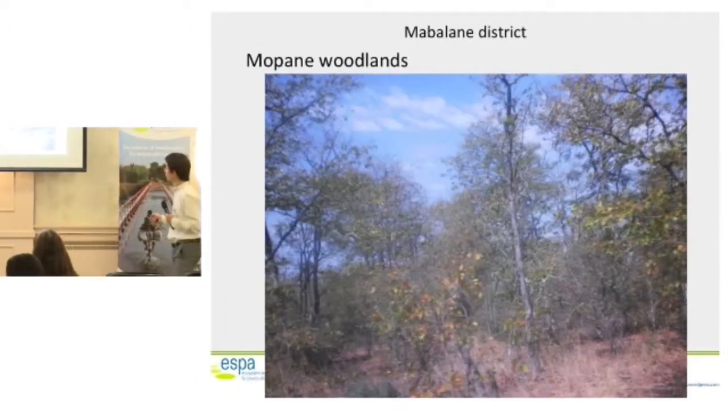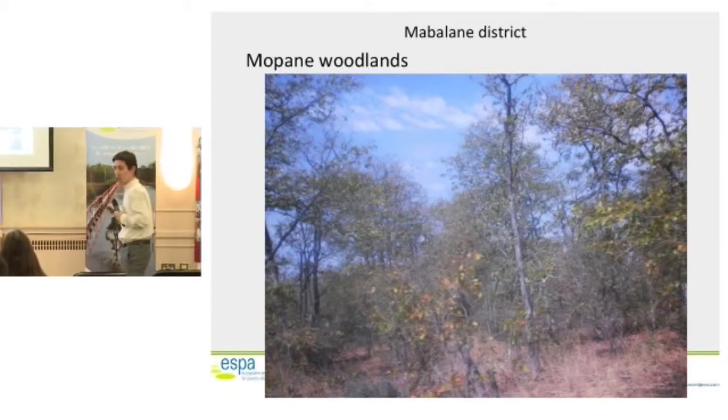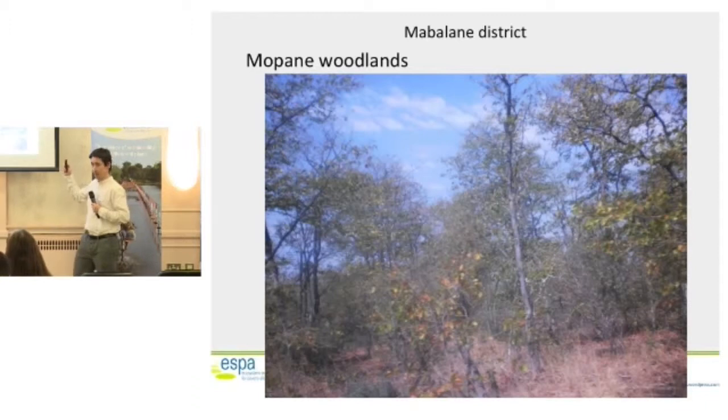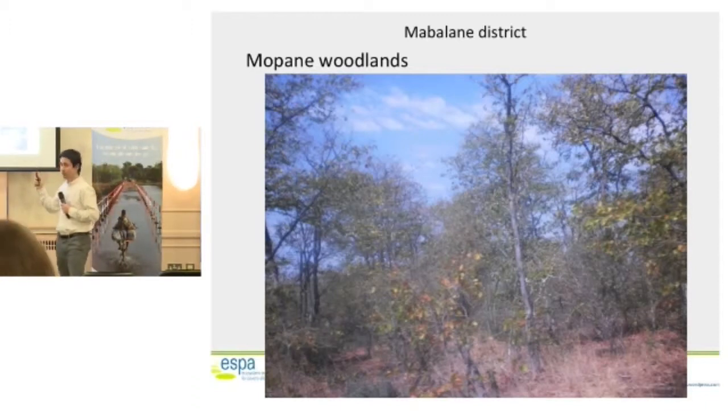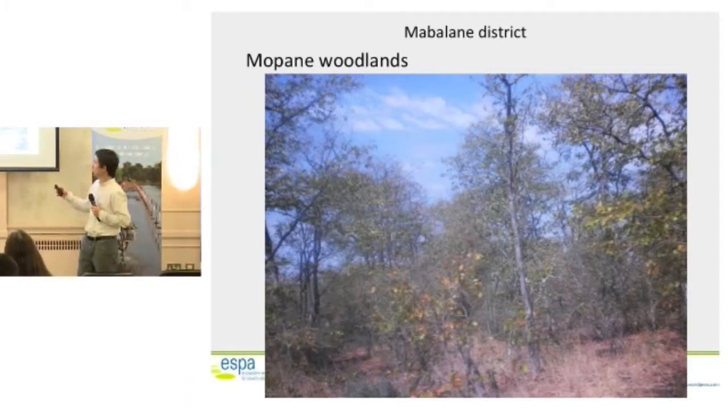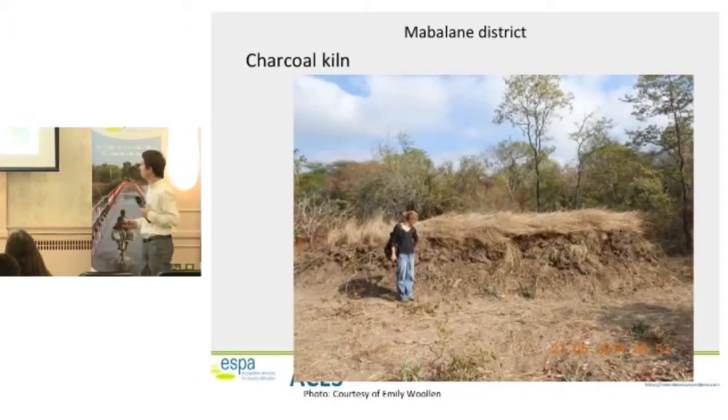This is how it looks. The Mopane forest is one of the kinds of forests of the Mopane district, which is quite a forested district, and the charcoal produced from Mopane trees is the best quality charcoal, the most valuable. So they are producing charcoal mainly in this kind of forest, not in all the forests they have.